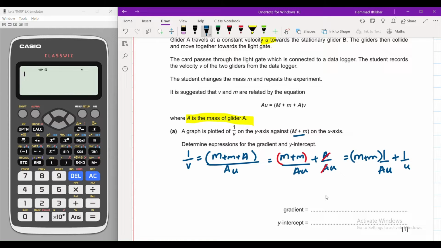So the gradient is 1 over Au, and the y-intercept is 1 over u. Just to make sure we have the correct thing, we simply cross multiply, separate the fractions, cancel the A, and get M plus m.